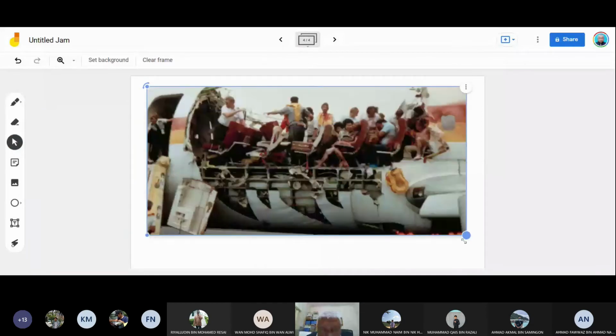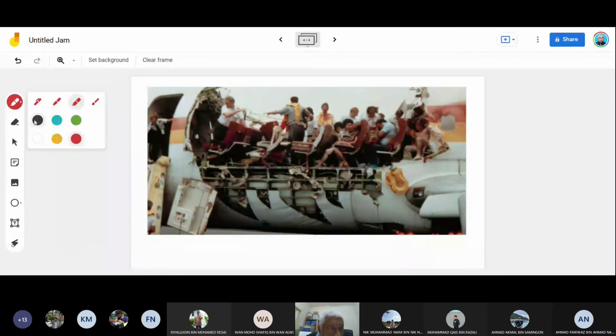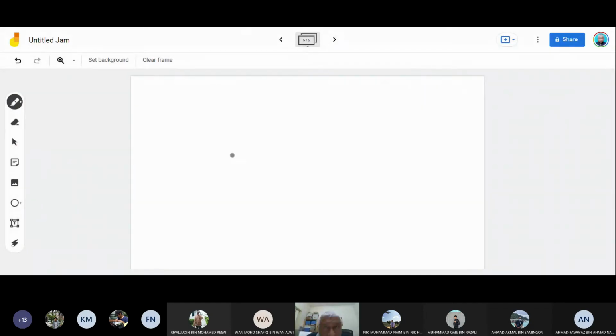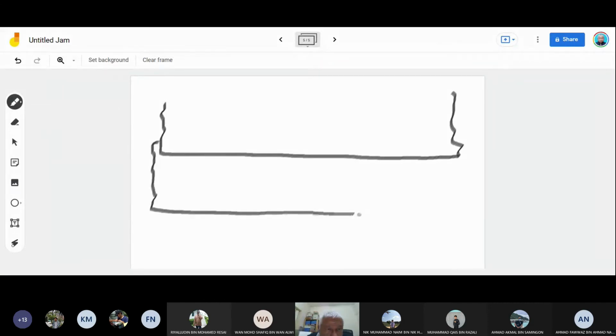Okay, you can see Aloha Air. The skin here is a lap splice, all torn off. Because in a lap splice we have a big, long joint, and you have another skin, and we have rivets.